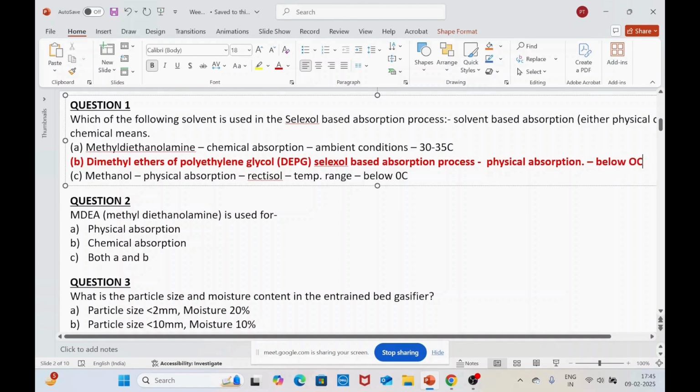But again, it is not that both happen at exactly the same temperature. The Rectisol happens at much more negative temperatures compared to the Selexol based absorption process. If you are able to recollect, this temperature range is around minus 35 to minus 60 degrees Celsius.